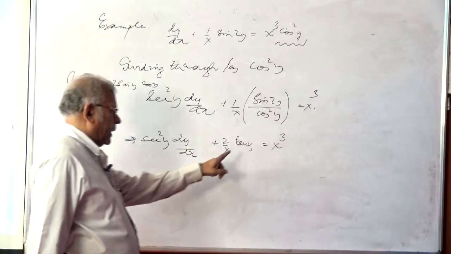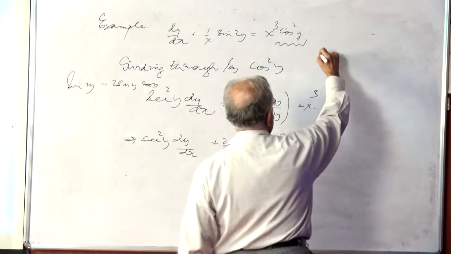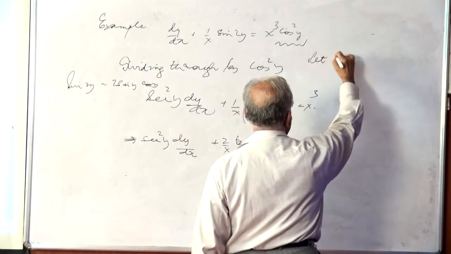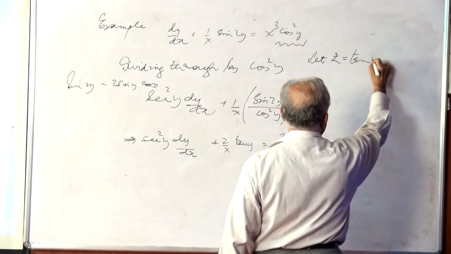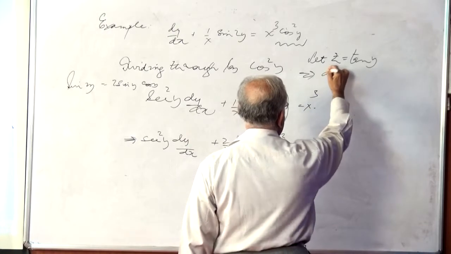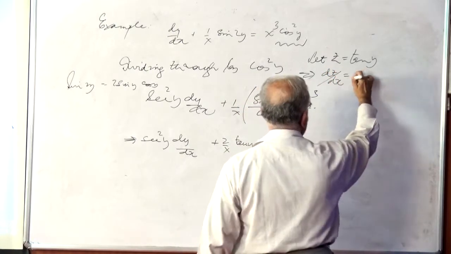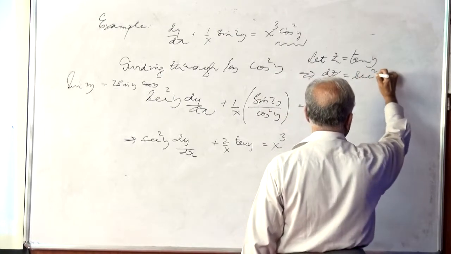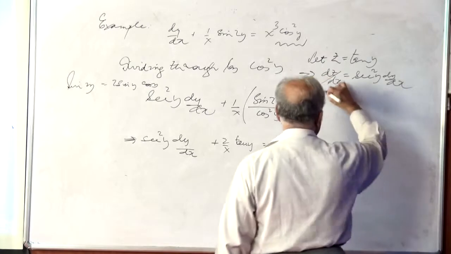Supposing we put tan y as z. If we write, let us say z as tan y, then we immediately have dz dx as sec square y dy dx.